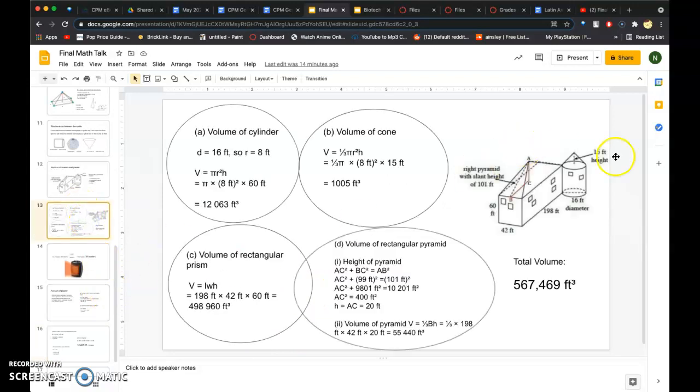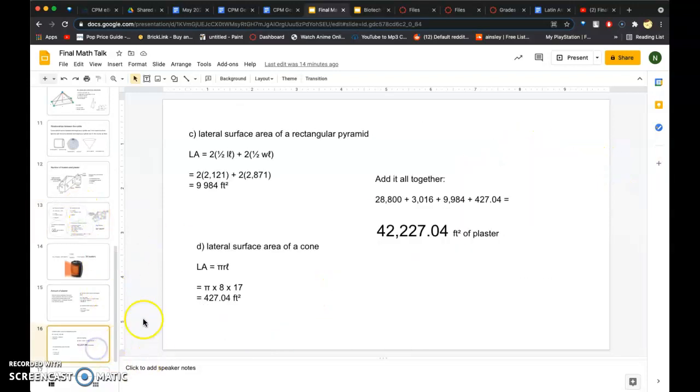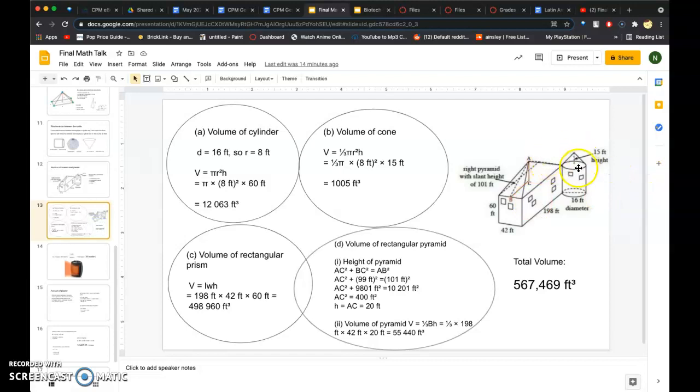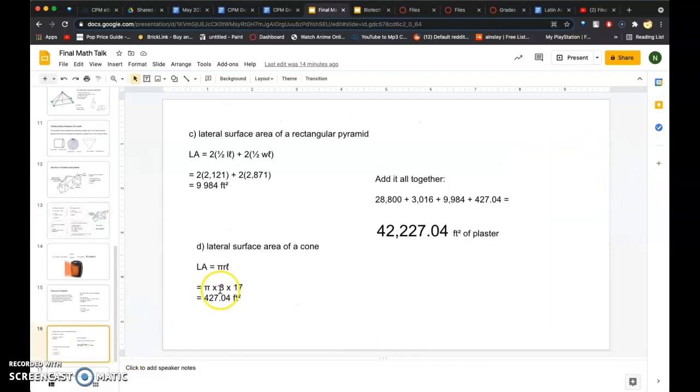I didn't draw a diagram because I explained it earlier, but the slant height of the cone we got was 17. And so we're given the radius, and pi, of course, 3.14, gives us 427.04 feet squared.